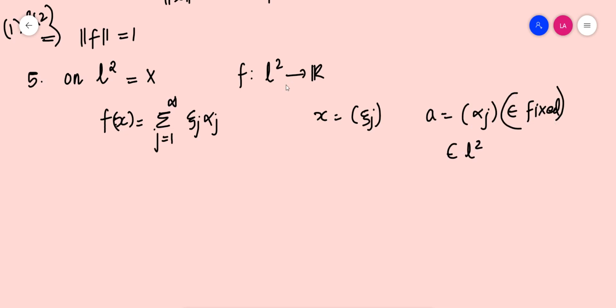So this is a functional. We have to prove that it is linear. This sum is absolutely convergent.